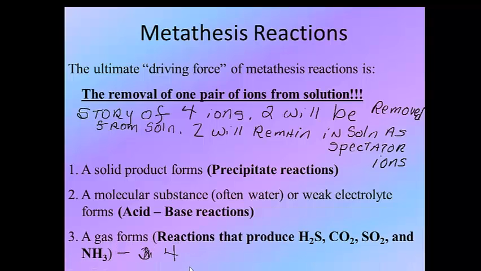The third type of metathesis reaction is a gas producer, and there are four gases you have to look for: hydrogen sulfide, carbon dioxide, sulfur dioxide, and ammonia gas. So there are four gases to the metathesis reactions that you've got to look for.